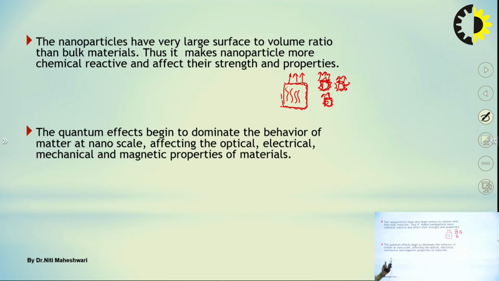The second effect which is seen is the quantum effects. It begins to dominate the behavior of matter at the nanoscale, and it is shown by the term quantum confinement.